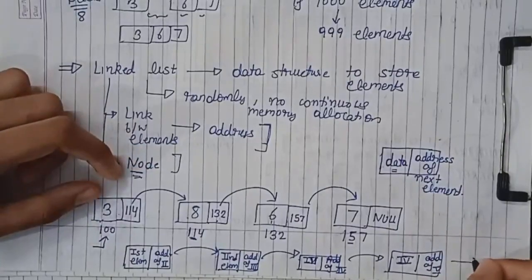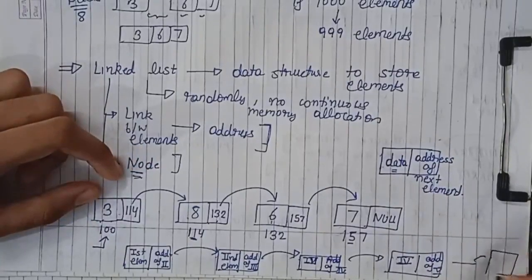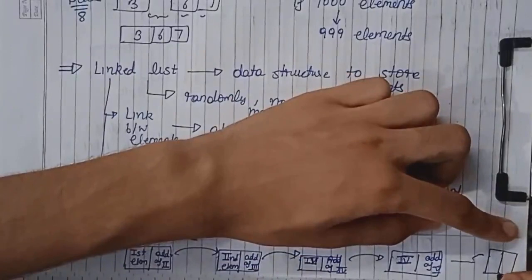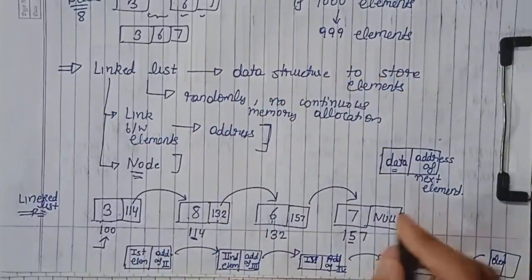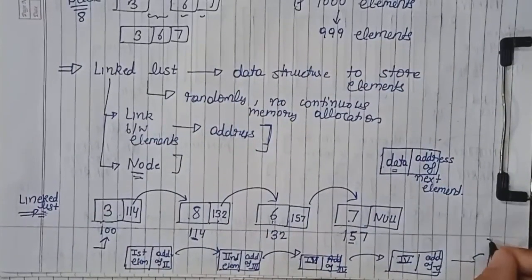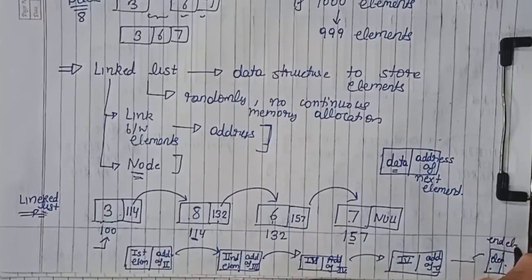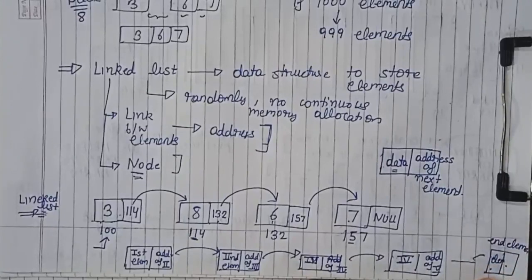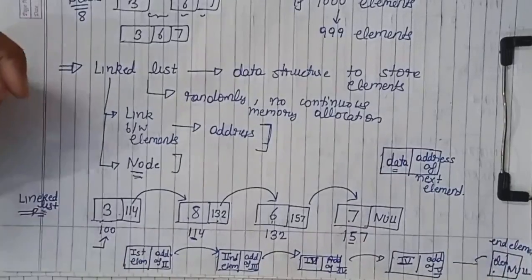And when I reach the end position, here I will store the element that I have in the end position, like 7, and here at the place of null, since this is the end element and there is no element after it, I will store a null, basically a null pointer.